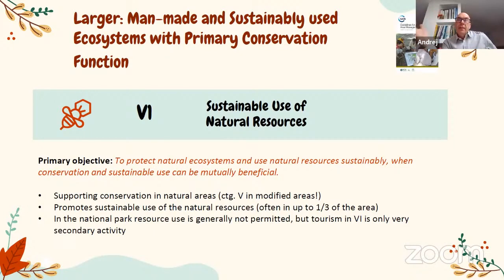So the last category is category 6, where we are protecting natural ecosystems while using about a third of the area for some kind of sustainable use, which also promotes biodiversity. When explaining this category, I often tell people to look at the Amazonian tropical forest and the primitive people who live there.